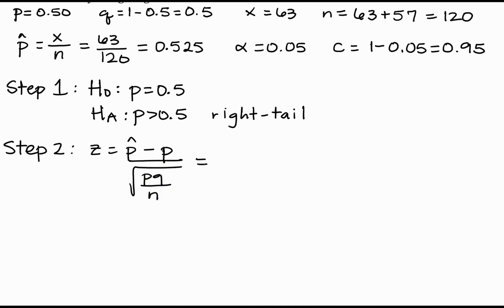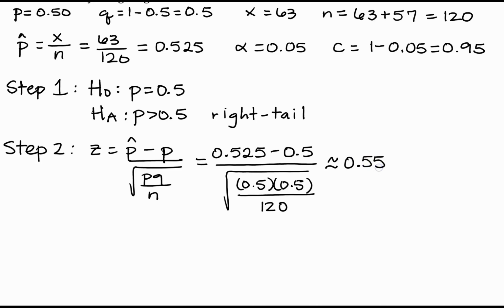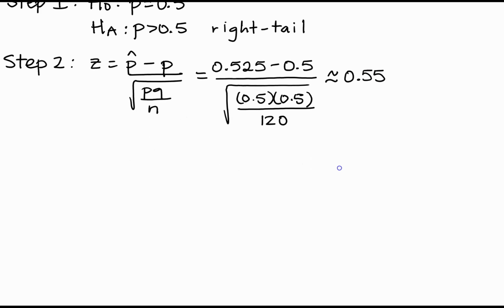Then we are dividing by the square root of P multiplied by Q. We have 0.5 times 0.5 there, and that is divided by our sample size of 120. We will round our test statistic to 2 decimal places to get 0.55 for our test statistic.